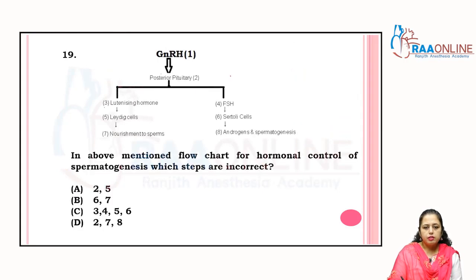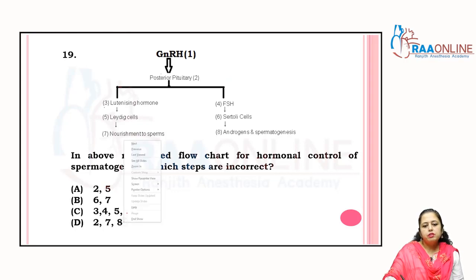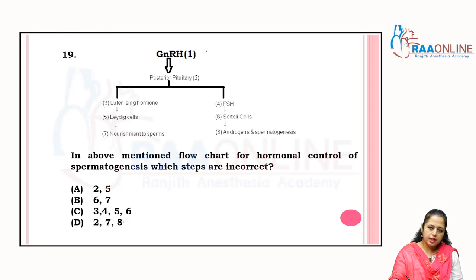Now come to the next question, that is GnRH, the gonadotropin releasing hormone, right? GnRH, which stimulates the posterior pituitary.